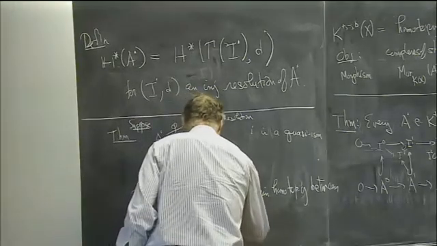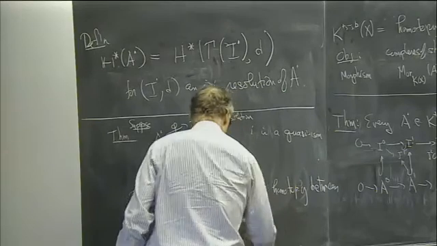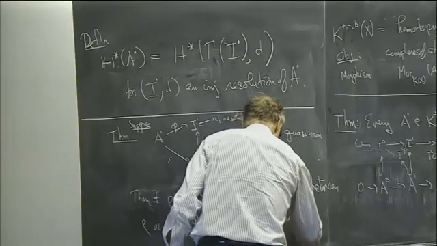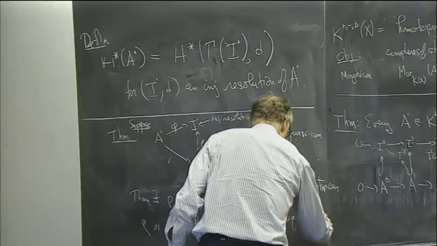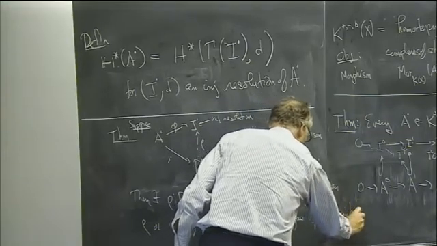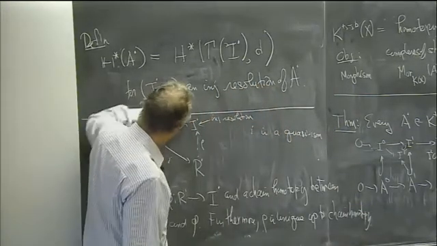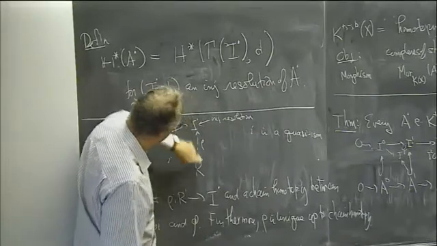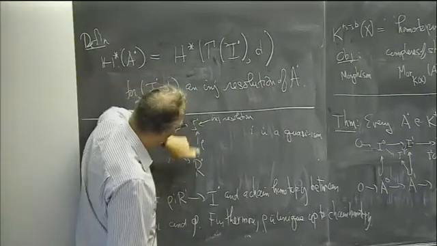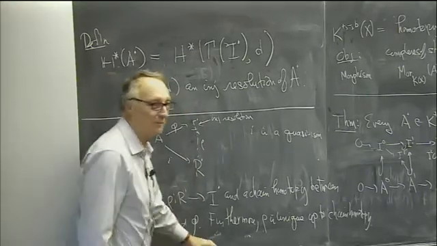Furthermore, rho is uniquely determined by these properties up to chain homotopy. Okay. So you can factor this injective resolution through any other resolution up to chain homotopy, and this factorization itself is unique up to chain homotopy.